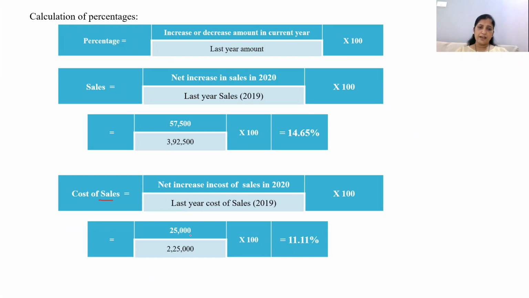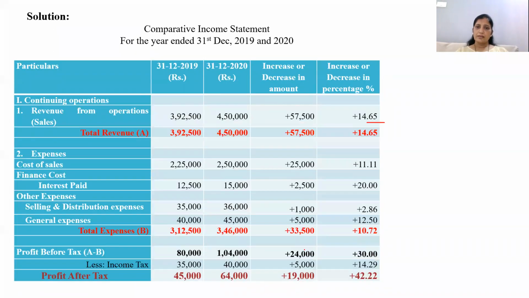The increase is 25,000 divided by 2,25,000, into 100. You will get 11.11%. That 11.11% I have taken over here.